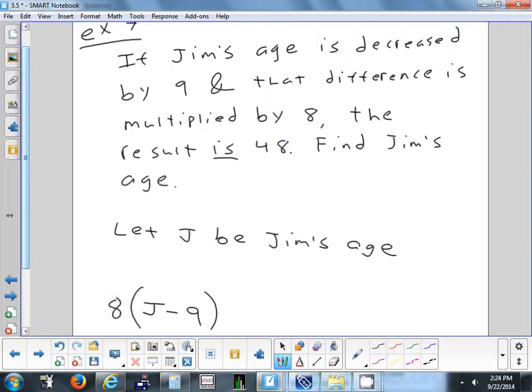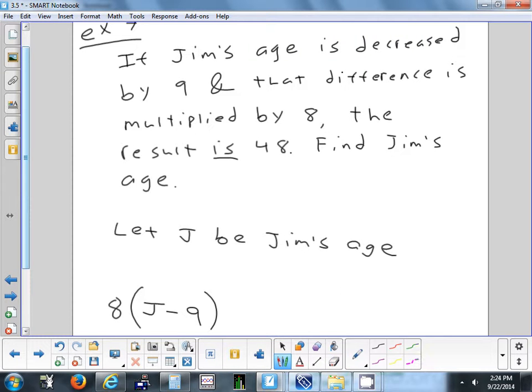That's exactly what you have to do. Put parentheses around it and put the 8 in front, just like Matt said. If you didn't put parentheses around it, then you wouldn't be multiplying the difference by 8. You'd be multiplying just the J. Like if you wrote this, that's wrong. It didn't say Jim's age is multiplied by 8. It said the difference, that whole difference is multiplied by 8.